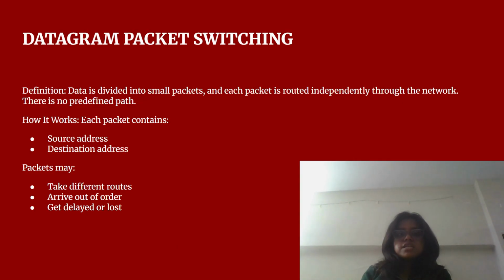Each packet travels independently through the network, choosing the fastest available route at the moment. Some packets arrive early, some arrive late, and a few may even take different paths. At the destination, all the packets are reassembled in the correct order. This is datagram packet switching. No dedicated path. Each packet decides its own route.